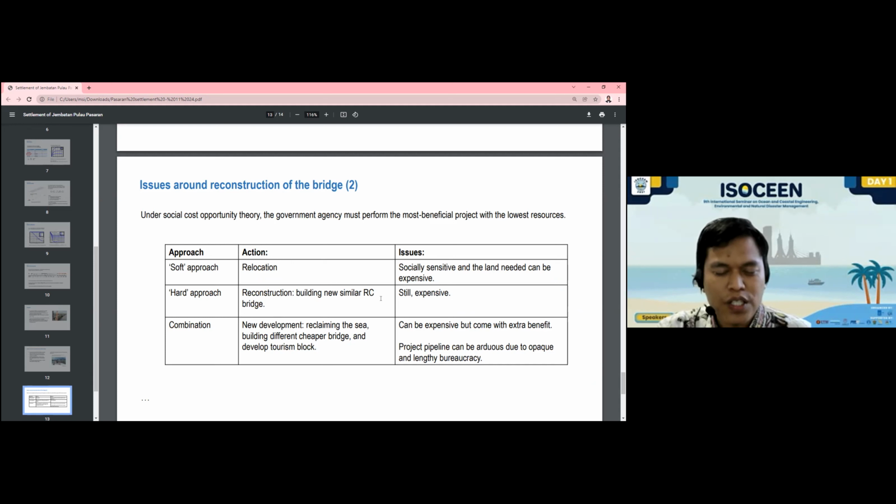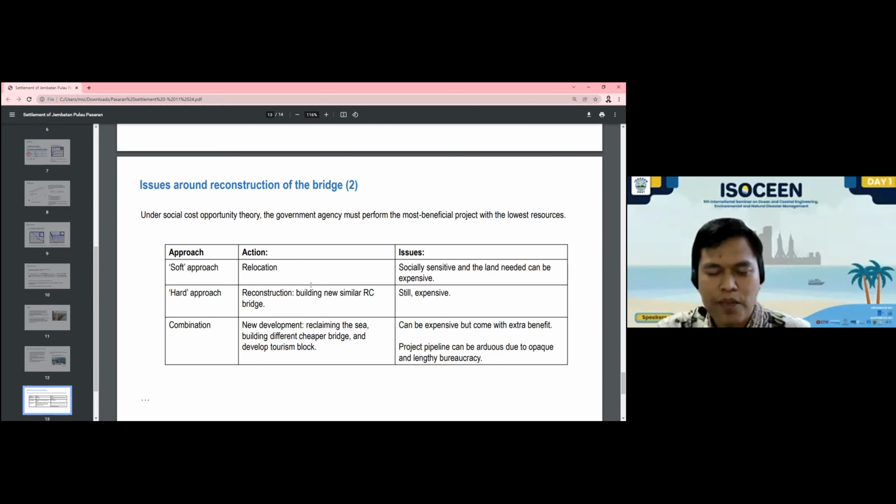And for the combination approach, which we propose in this study, the city must conduct a study for new development in the vicinity area as well as in the area of the Pulau Pasaran bridge. The city can come to reclaiming the sea.